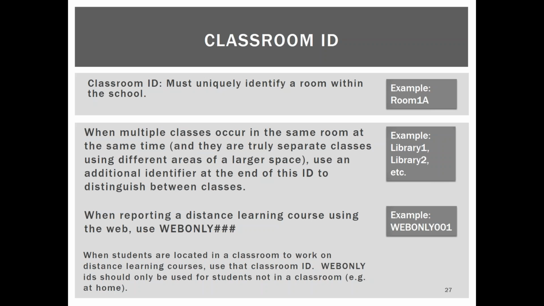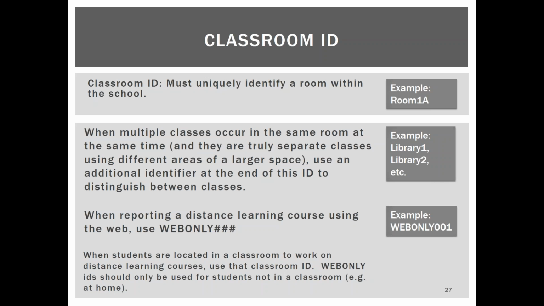But let's say you have multiple classes occurring in the same room at the same time, but they're actually different classes. In my example here, library 1, library 2, because you only have maybe one large space that you need to fit two classes in, in which case you just need to use a different ID. So like I said, library 1, library 2, or gym 1, gym 2, that kind of thing.